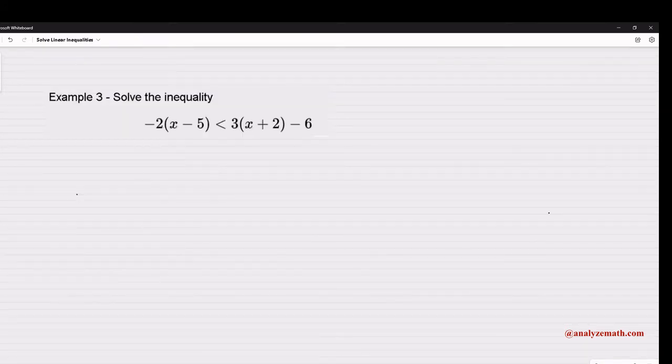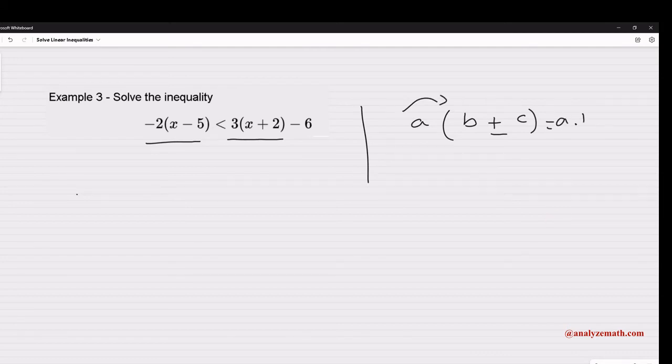Now let's look at example number 3, where we have some products here. We need to expand the products using the distributivity in algebra. So A multiplied by B plus or minus C is given by A multiplied by B plus or minus A multiplied by C. Distributivity in algebra.